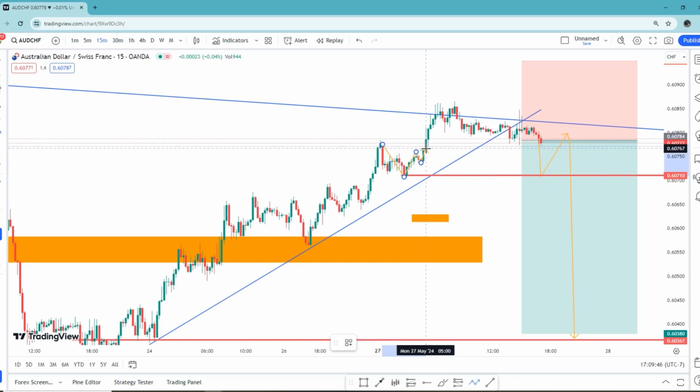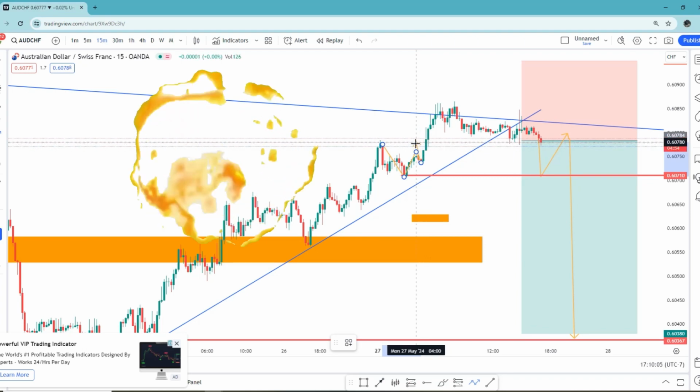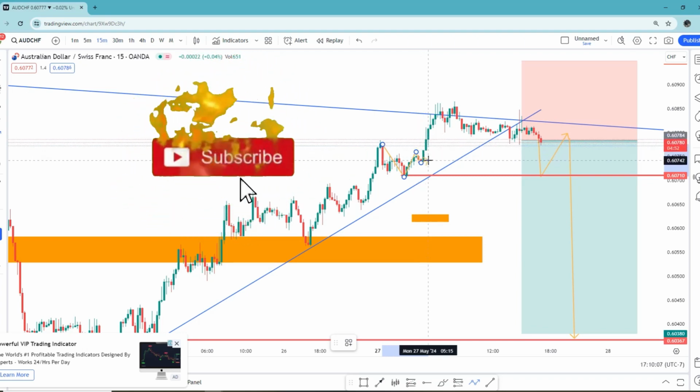The market doesn't have to break this area here. When the market breaks this area here, you have to know that the market is about to go high. So that's why before the market reaches even this area right here, you already put this zone on something like this.